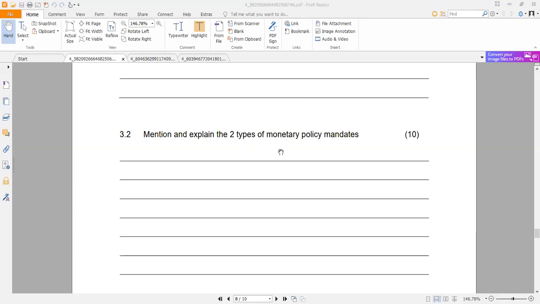Okay, the two policies regarding monetary policy we have are either hierarchical or the dual mandate. Hierarchical or dual mandate, those are the two types. And how does the hierarchical mandate work?